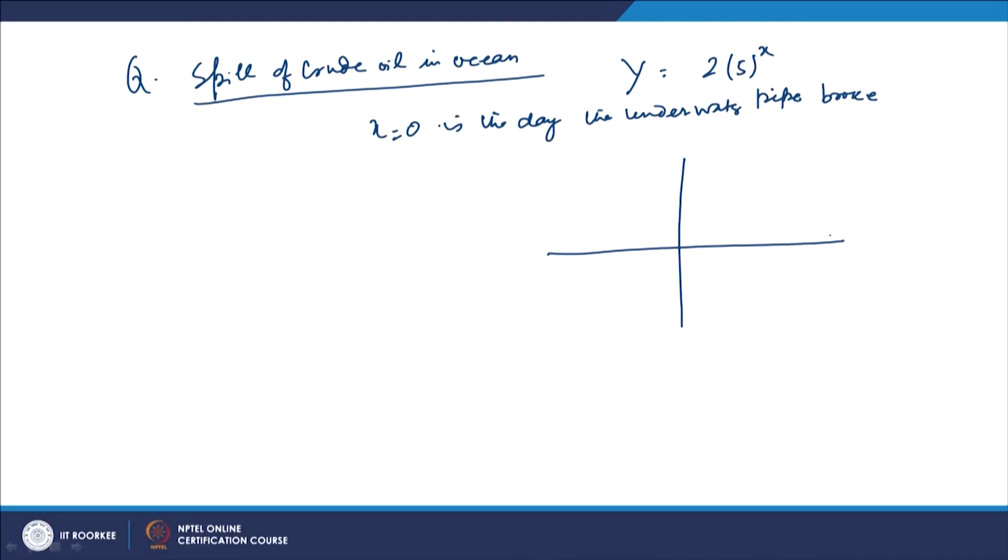Now if you try to draw the graph of such spillage, you will have -1, -2, here 1 and 2, and these are the days. For x equal to 0, you will certainly have 2 here, and going negative it will approach 0, and then it will move further like this.